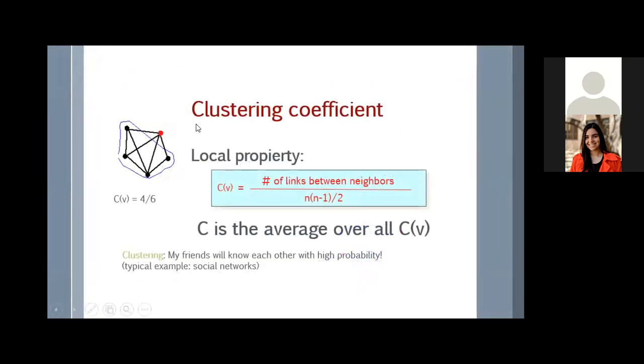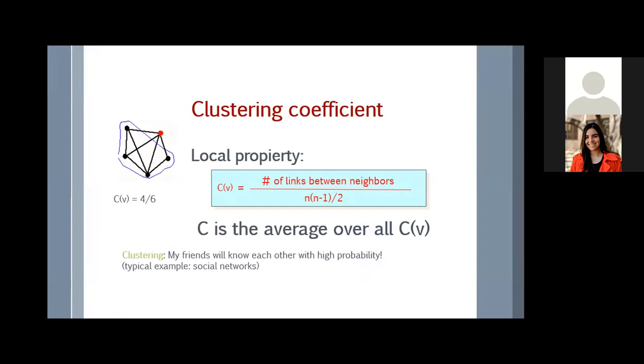Another feature to study is the clustering coefficient. If I consider a completely connected graph of, how many, 5 nodes, I have 10 edges between them. In reality, if I consider a graph, I might observe that it might not be fully connected. That means some edges might be absent. There might be no particular edges.